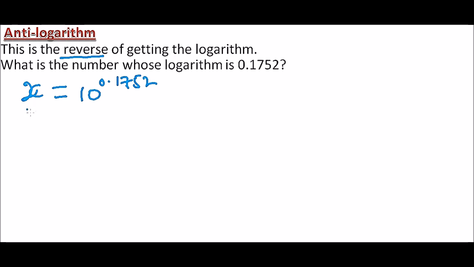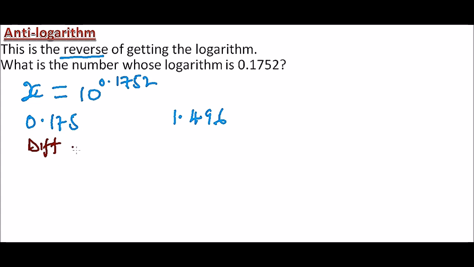What I will do is go to the column labeled x and find the number that corresponds with 0.175. You find this number is 1.496. But remember, we want to get the anti-logarithm of 0.1752. So we have a difference of 2. So this 2, we call it a difference.